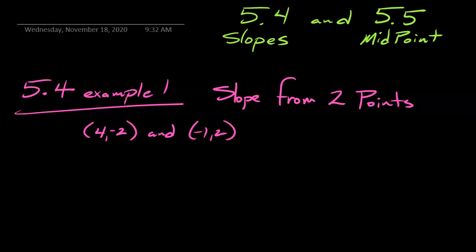If you guys do remember, the formula for slope between 2 points is y2 minus y1 over x2 minus x1. So I guess the only thing we need to do is be able to figure out what these y2, y1, x2, x1 mean.